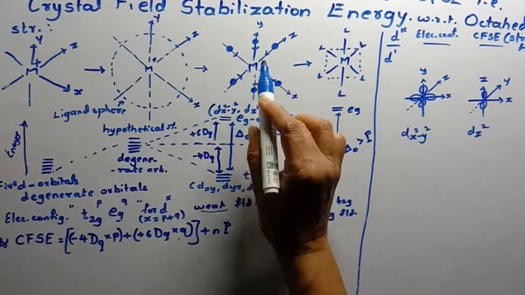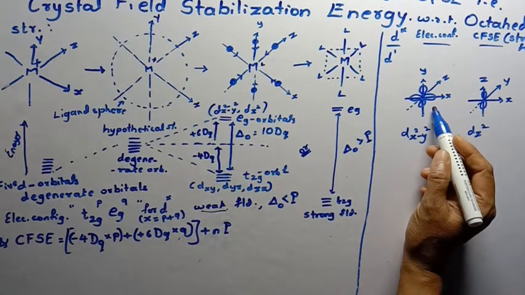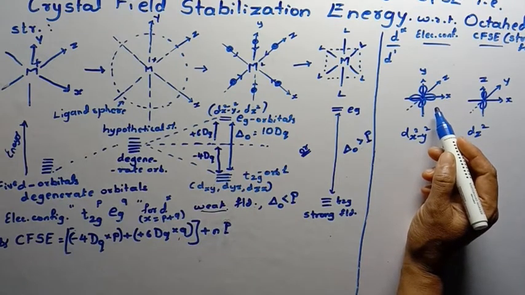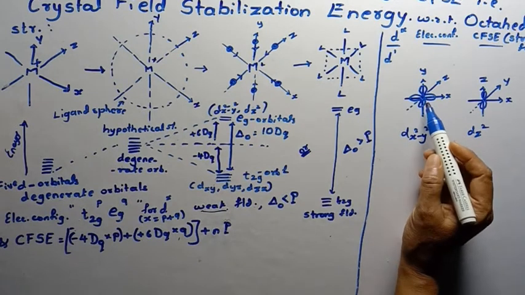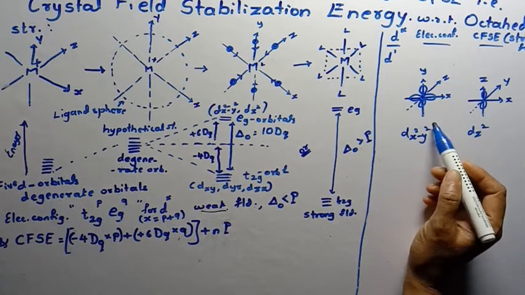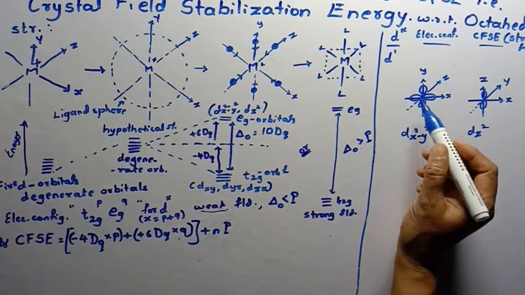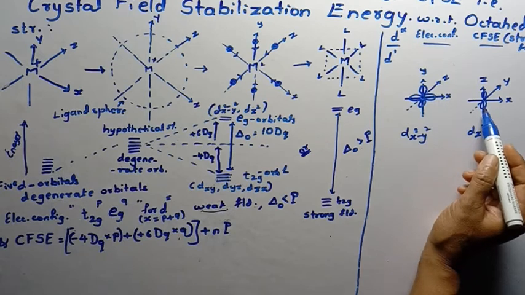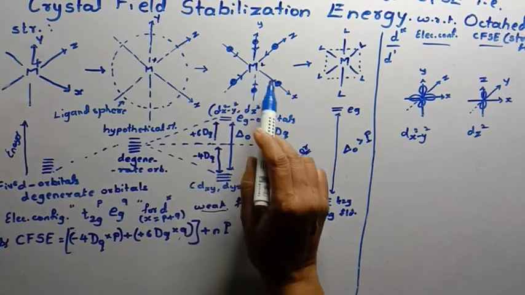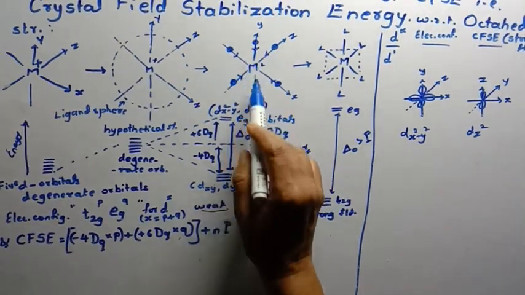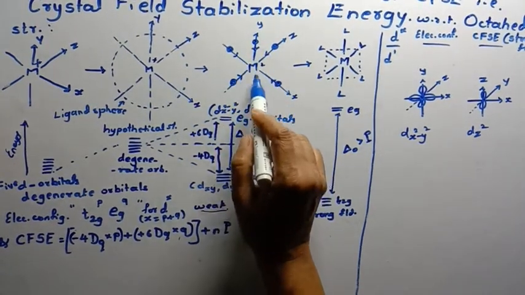So you are well familiar with the structure of d orbitals, all the 5 d orbitals, isn't it? Say the dxy, dyz, dzx, where the double dumbbell shape has 4 lobes oriented between the axes, and the fourth and fifth, say dx square minus y square and dz square, where the lobes are oriented along the axes. Now, along the axes, the two orbitals lying are dx square minus y square and dz square.